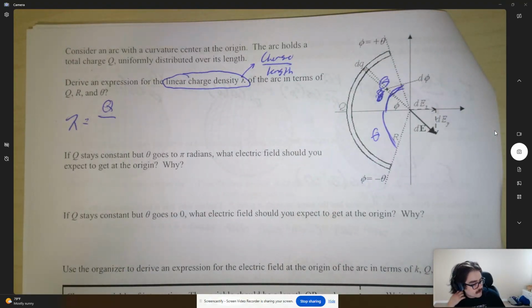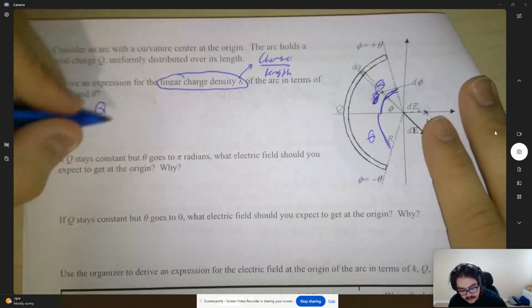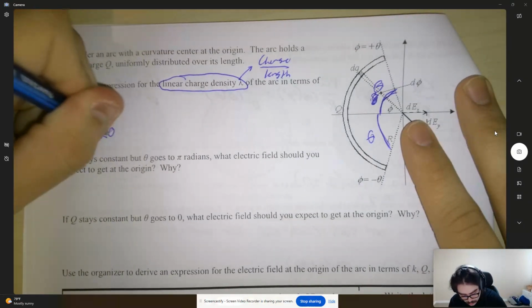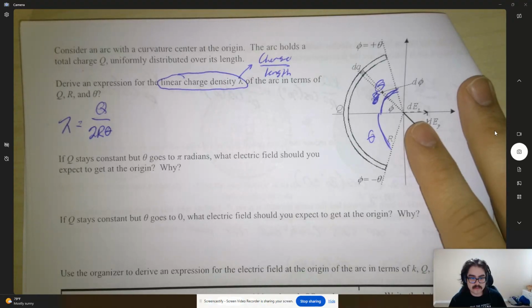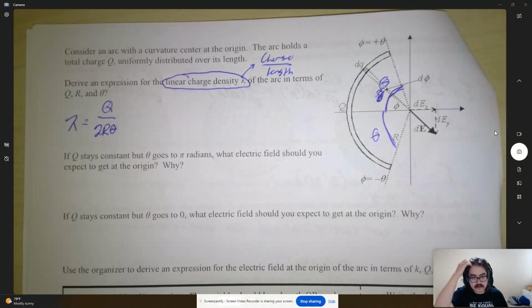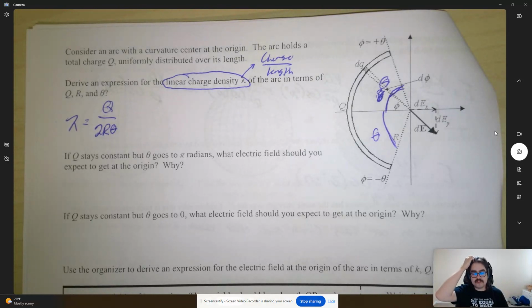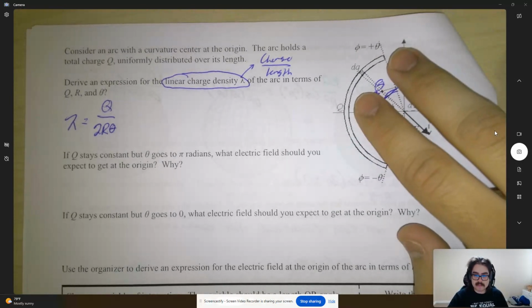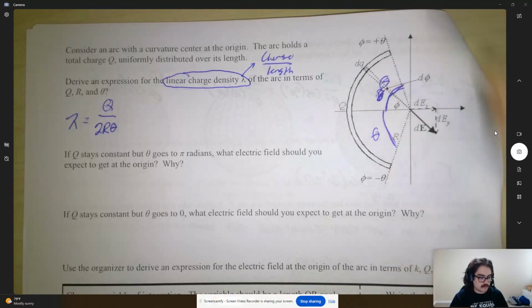And if I remember that arc length is the radius times the angle, then I can do 2 r theta to get the arc length. It has to be doubled because if you just do r theta, you're just getting one piece up here. If you do both, then it sweeps through the entire arc.